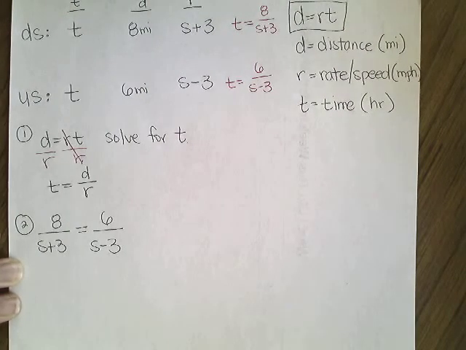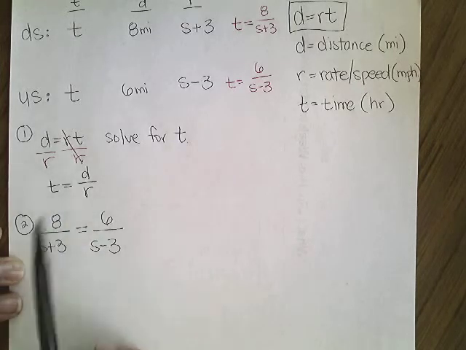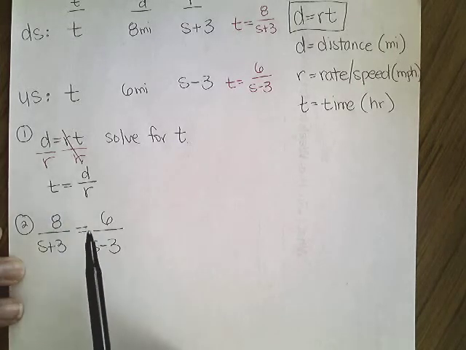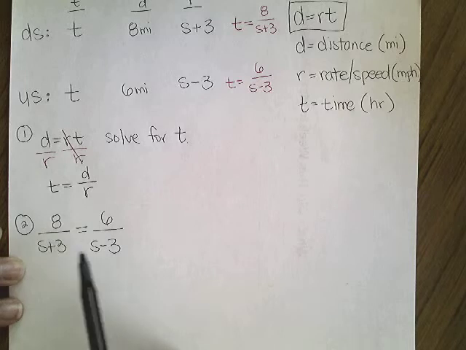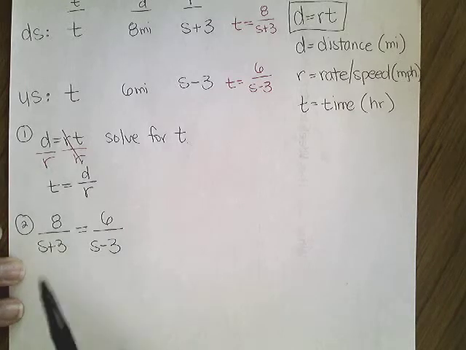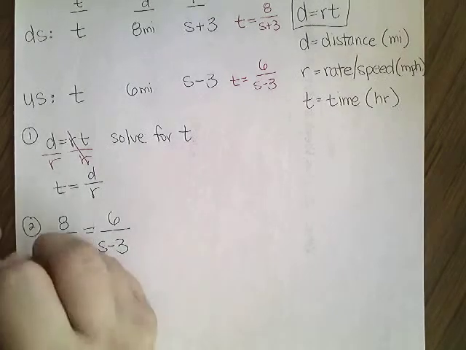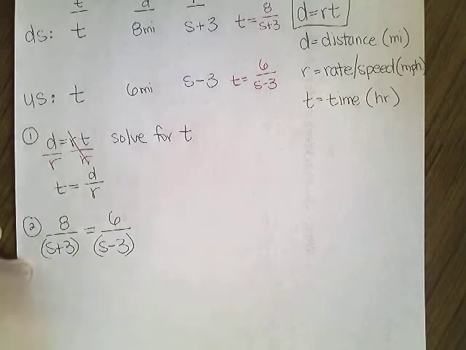As we learned in section 7.5, in order to work with these fractions, we go ahead and get both denominators to be the same. When we look at this, each denominator is completely factored.